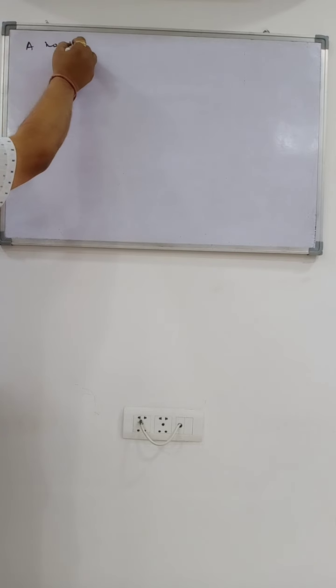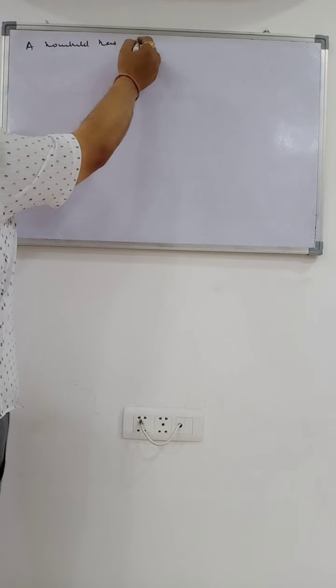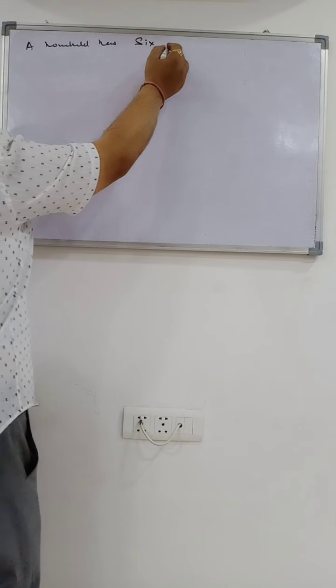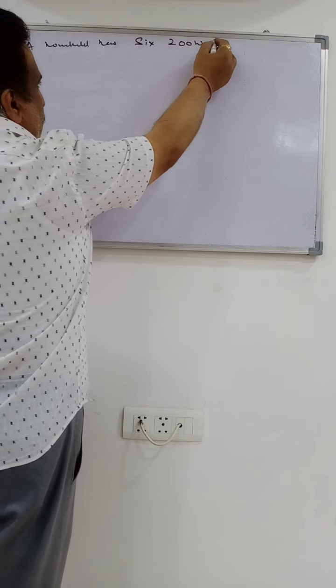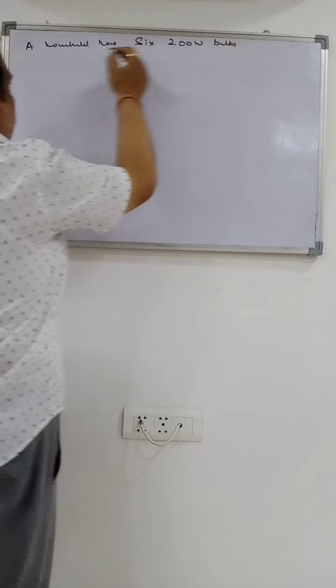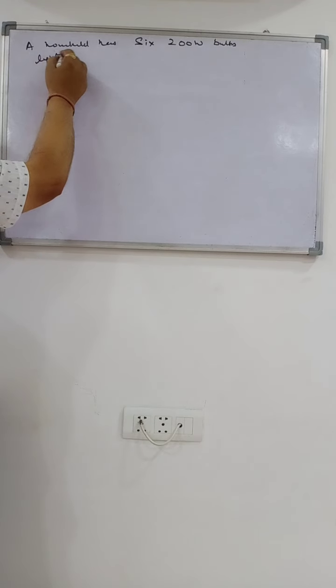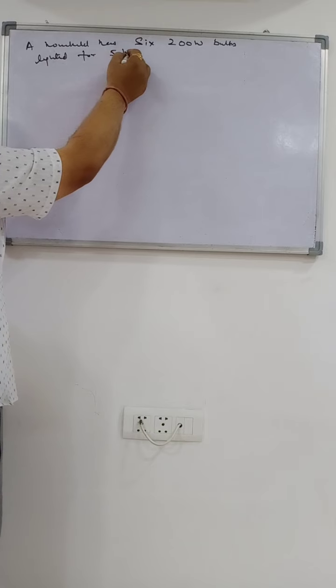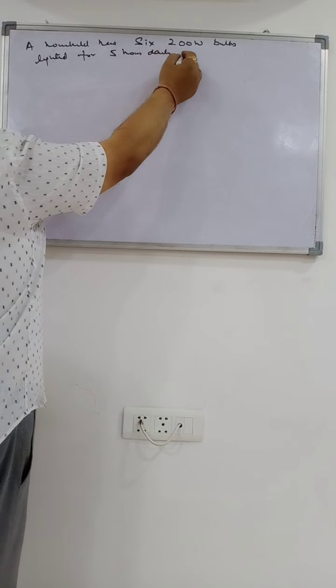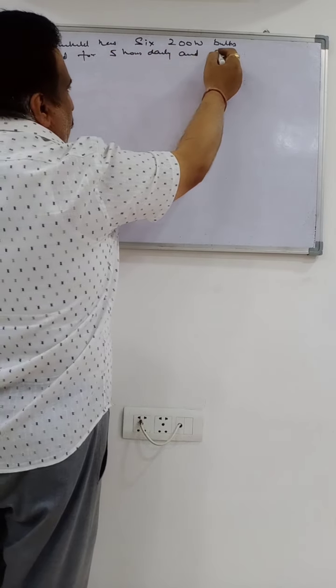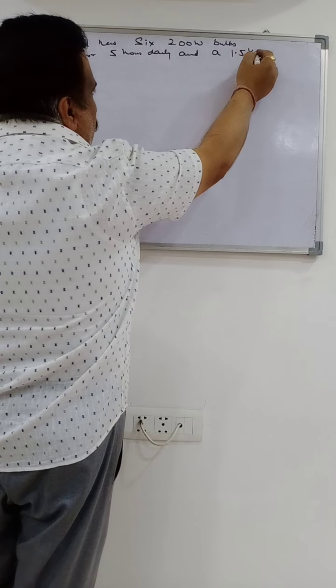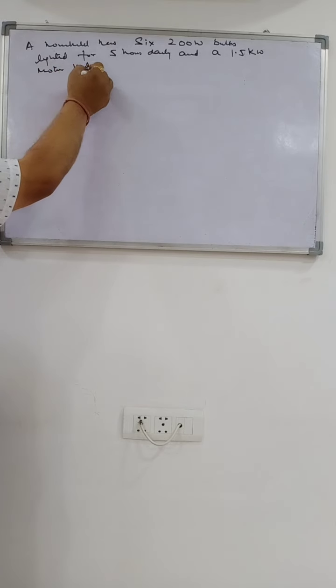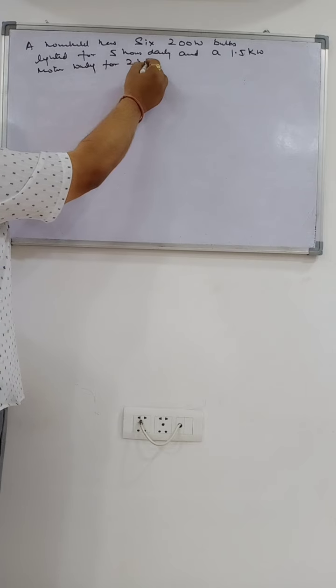Next question. A household has 6 200-watt bulbs lighted for 5 hours daily and a 1.5 किलोवाट, ये किलोवाट में दी हुई है पावर, तो इसका मतलब इसको चेंज करने की जरूरत नहीं है, किलोवाट motor working for 2 hours daily.